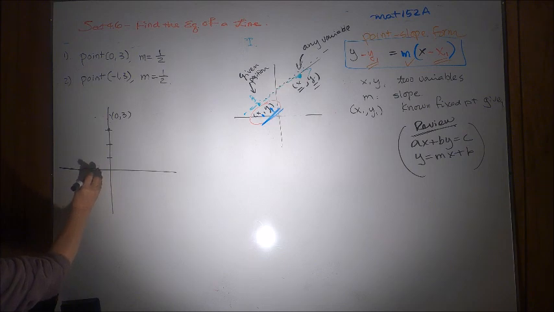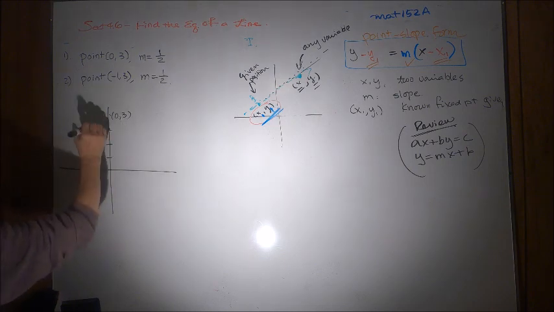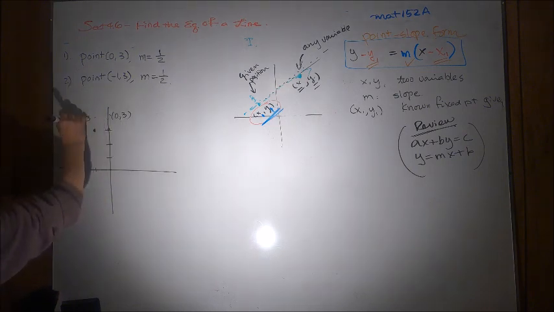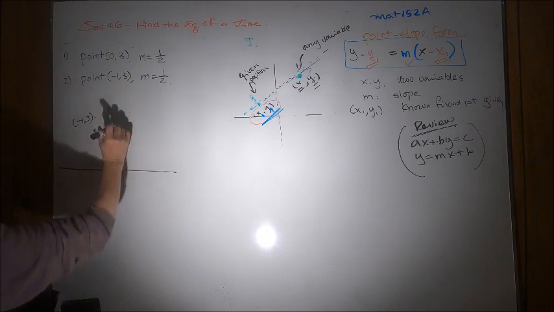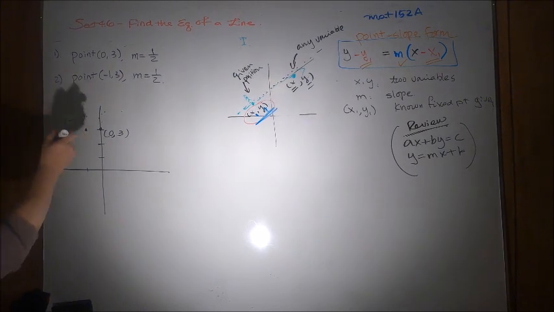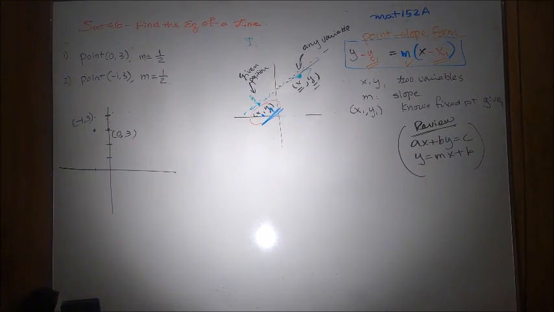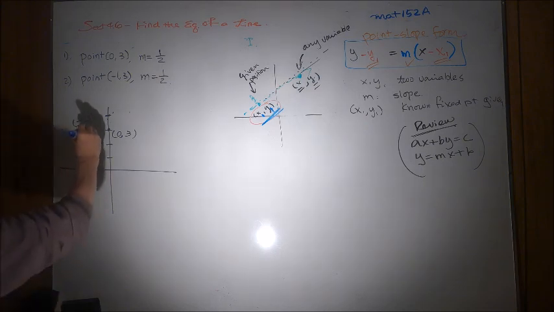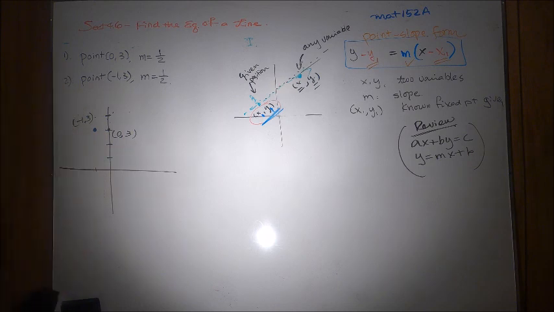Another one is what? (-1, 3). So it says the slope is what? Half. So for the first one, right? So this is the second problem.